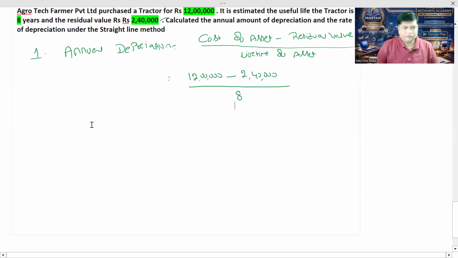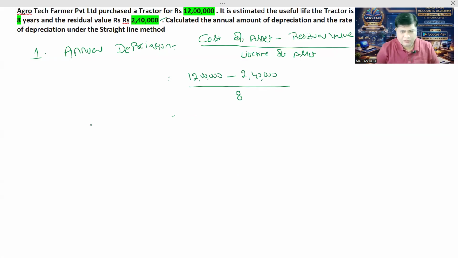So you will get how much here? 12 lakhs minus 2 lakh 40,000, you get 9 lakh 60,000 divided by 8 years. Calculate and you'll get 1,20,000. That's exactly right, no?